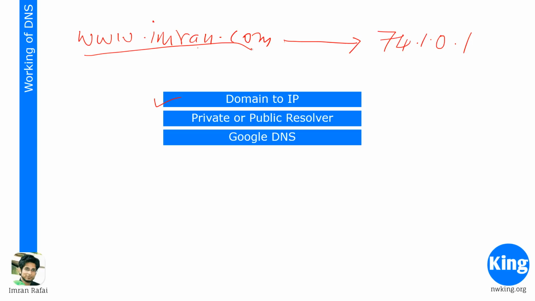So we can have two types. We can have private DNS servers, right? We can have a private DNS server where, let's say we have hundreds of computers, and we want to have a local domain name.